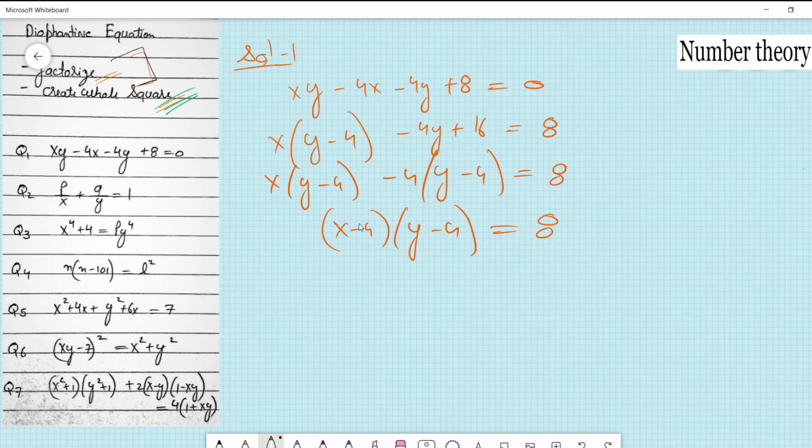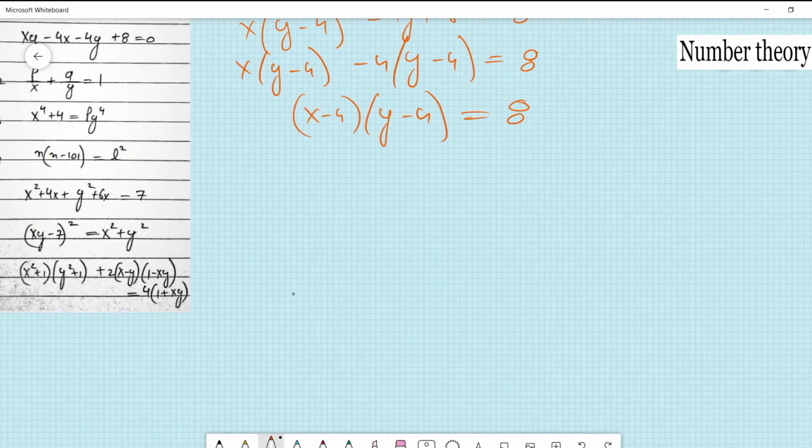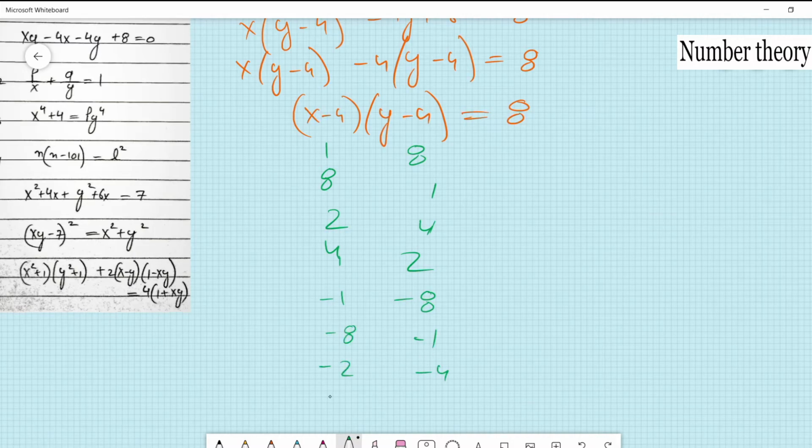Now, just like how we did earlier, we are going to look at each possibility. This can be 1, this can be 8, this can be 8, this can be 1, 2, 4, 4, 2, and minus 1, minus 8, minus 8, minus 1, minus 2, minus 4, minus 4, minus 2.